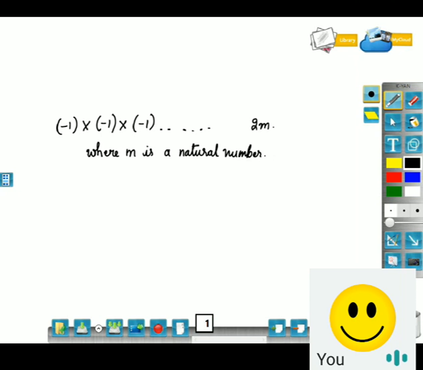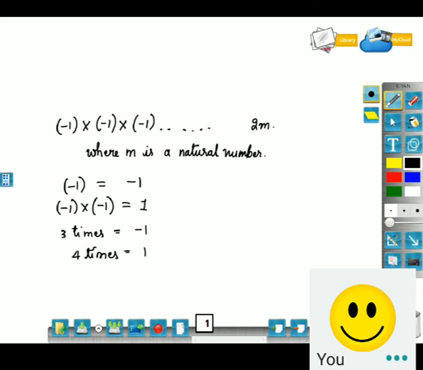Now in this question, first you need to check how many times they are multiplying minus 1. Let us take this minus 1. If you multiply it once, you will get minus 1. If you multiply minus 1 two times, you will get plus 1. Similarly, three times, you will get minus 1. Four times, you will get plus 1.